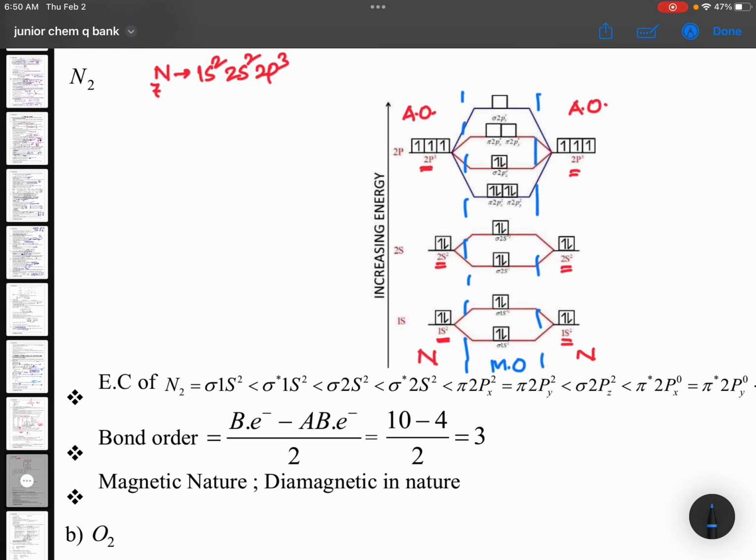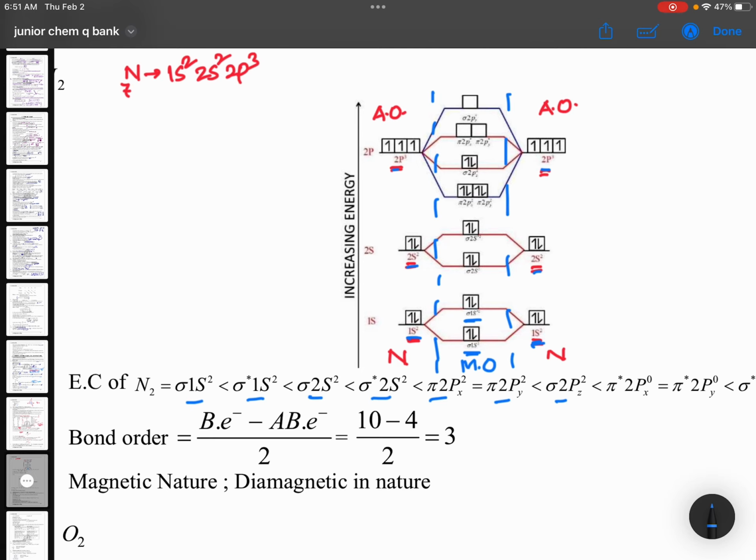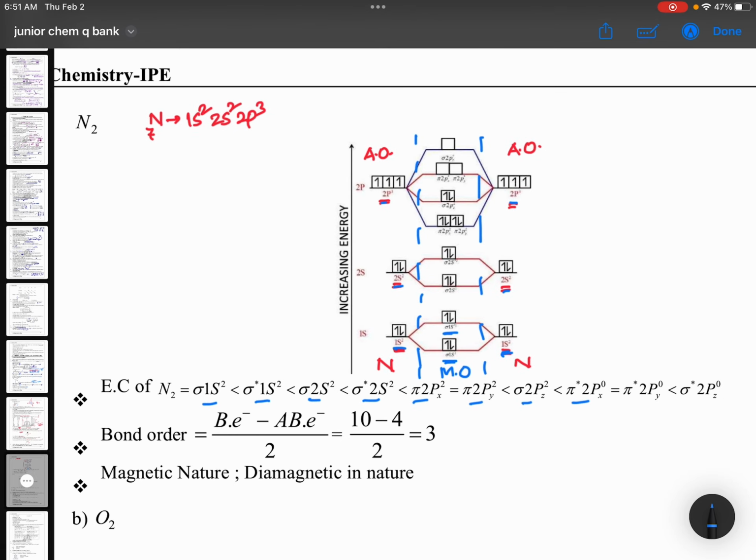See, when 1s orbitals join, they form sigma 1s and sigma star 1s. 2s orbitals will give you sigma 2s and sigma star 2s. This you can see here. And then 2p orbitals, when they join, they are going to form 6 orbitals, which are pi 2px, pi 2py, sigma 2pz, pi star, sigma star.